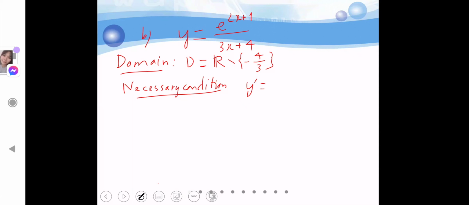y prime equal 2 e power 2x plus 1 times (3x plus 4) minus 3 e power 2x plus 1 over (3x plus 4) squared.